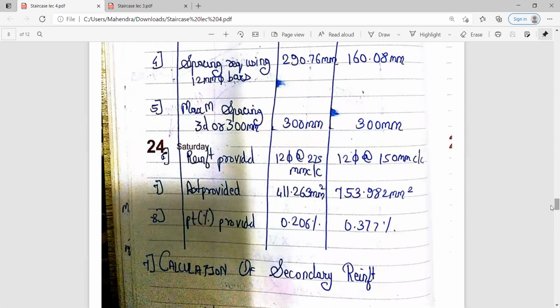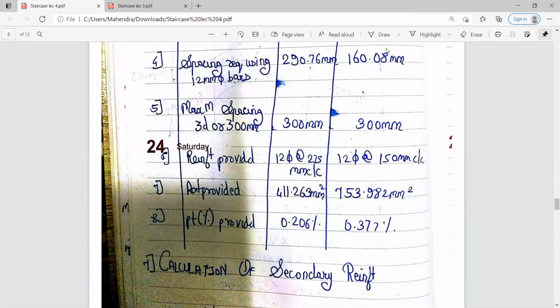Then reinforcement provided, that is Ast provided. So for Ast provided again you are going to use 12 millimeter bars. So for Ast provided you are going to get 444.11 for flight 1 and 3, and for flight 2 it is 753.98.